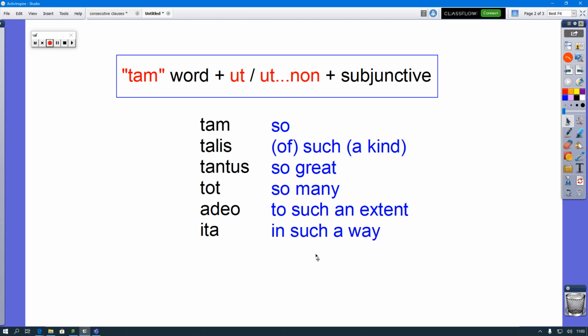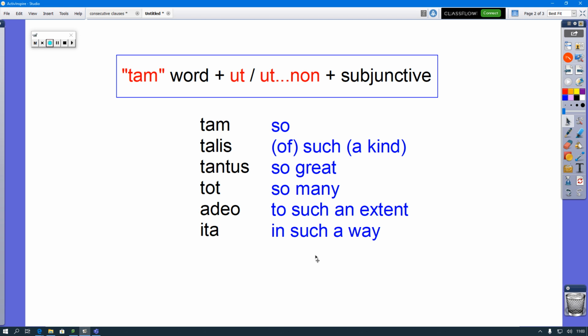So what do I mean by tam words? Well, these are the tam words. So, of such a kind or such, so great, so many, to such an extent and in such a way. So a consecutive clause will have one of these words as a signpost in the first half of the sentence to show that a consecutive clause is coming up.